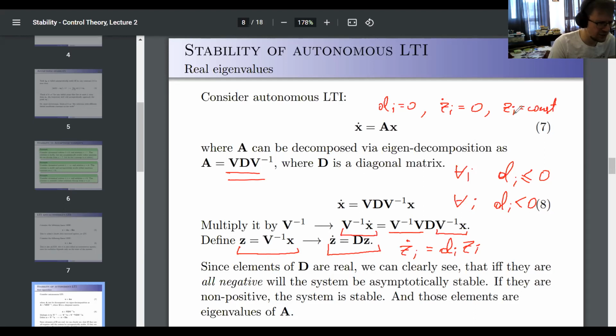We were talking about z here. Z converges, z diverges. We didn't even say to which node. First of all, as long as A is not degenerate, this system only has a single node, and that single node is x equal to 0. If A is degenerate, the null space of A is a node.